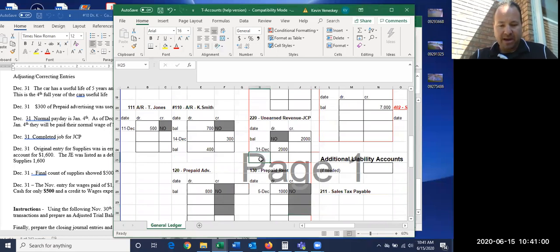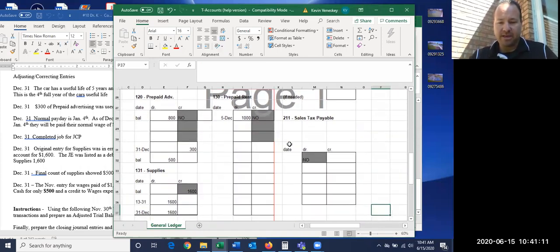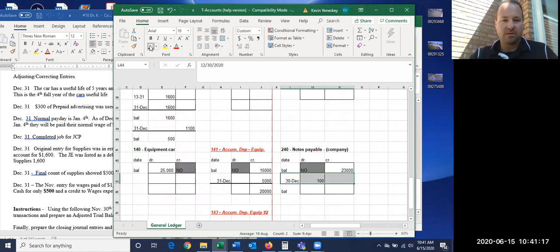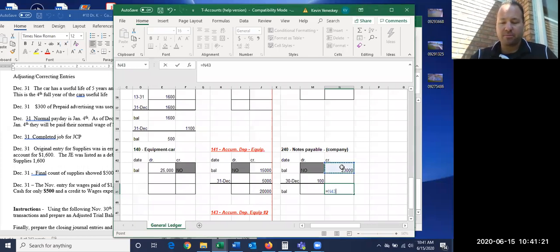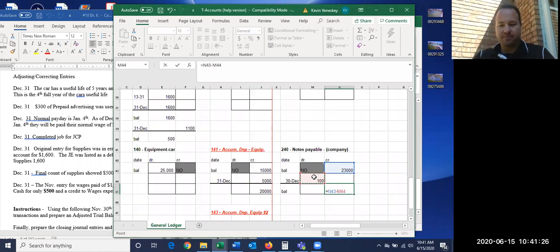We'll notice that my balance for unearned revenue is now 0 because these canceled each other out. Then I come over, and the only thing I have left is my notes payable. My balance is simply the plus number minus debit. So 22.9.